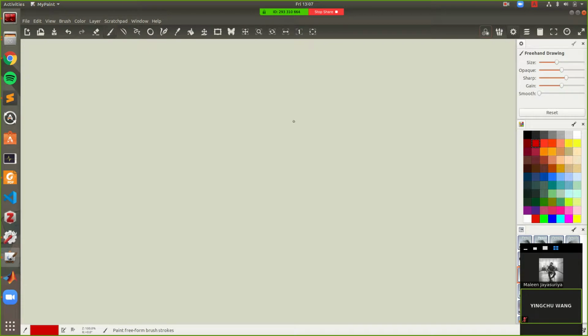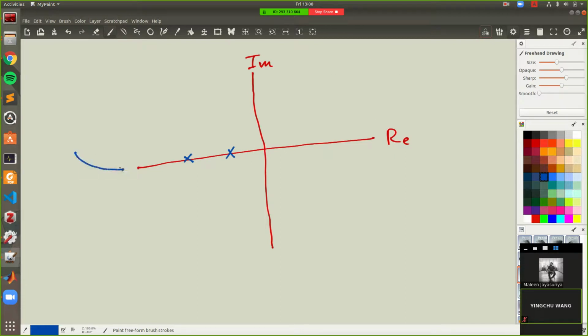If your eigenvalues, right? Imagine this is the imaginary and real plane, right? If your eigenvalues are negative and real, right, then you have something like this, something going down, right?